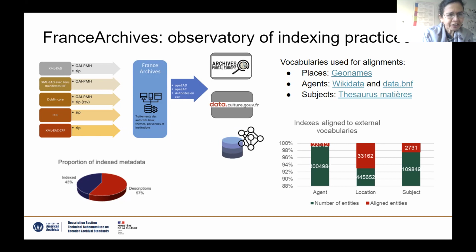However, we conducted some research like NAFAN, and you can see on the slide that only about 43% of the descriptions have some indexes.